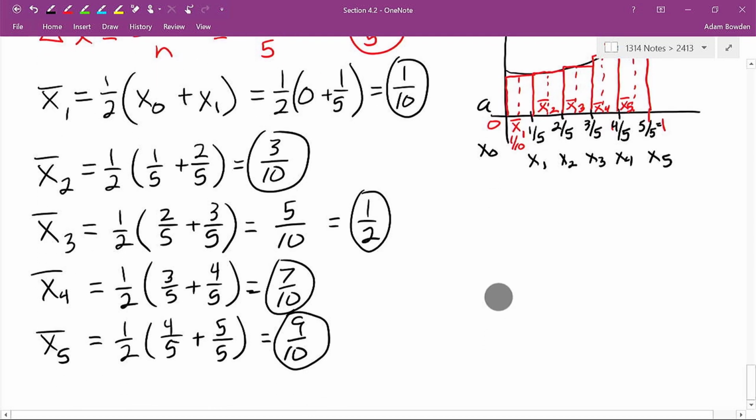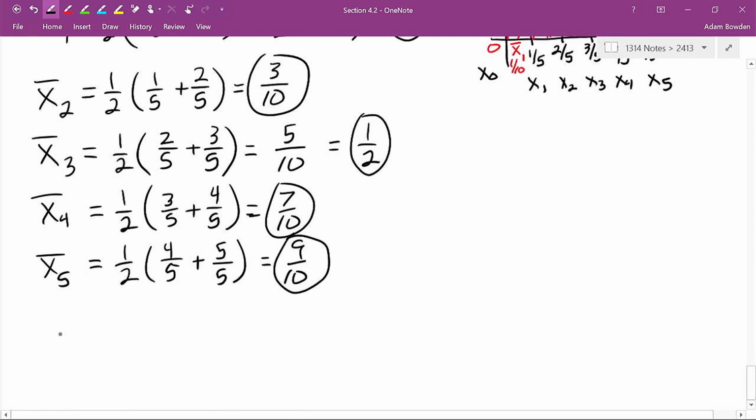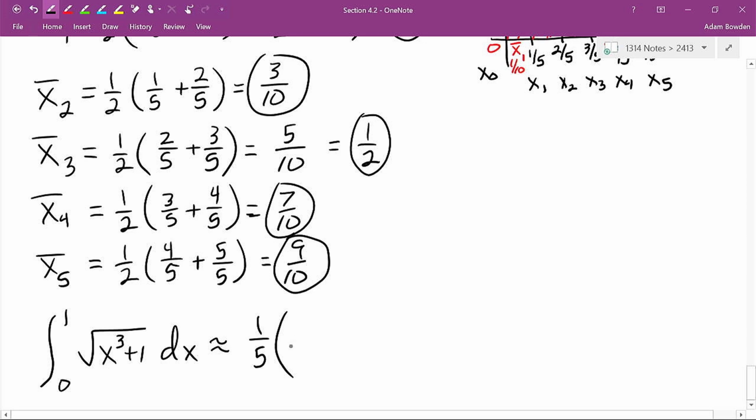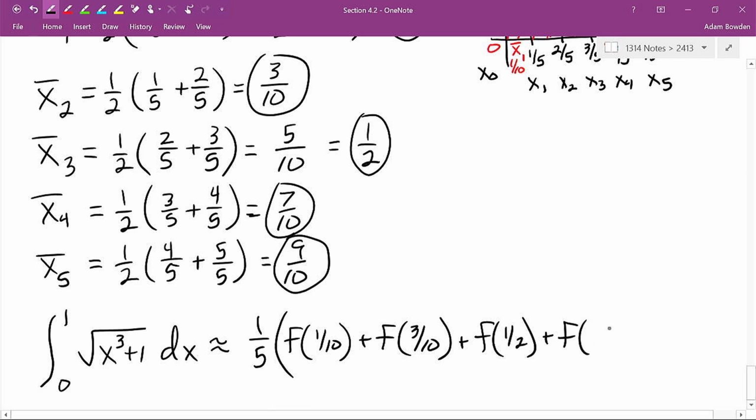So what the midpoint rule is going to tell us we can do with these numbers is the integral from 0 to 1 of the square root of x cubed plus 1 dx is approximately equal to 1/5, delta x, times f of 1/10 plus f of 3/10 plus f of 1/2 plus f of 7/10 plus f of 9/10.